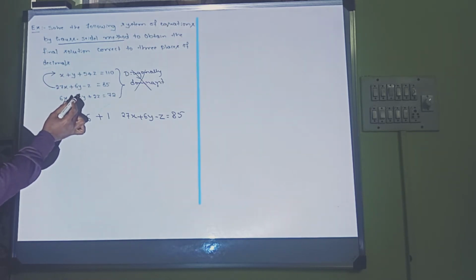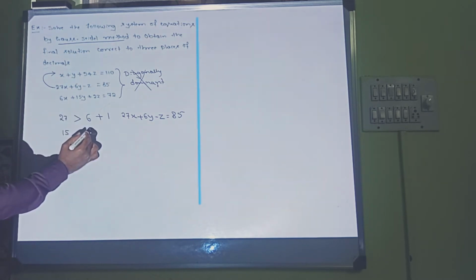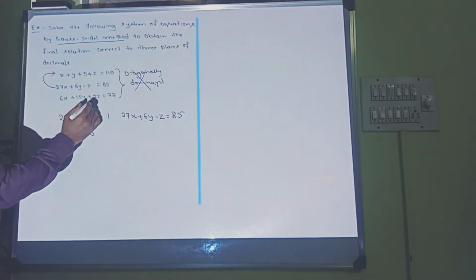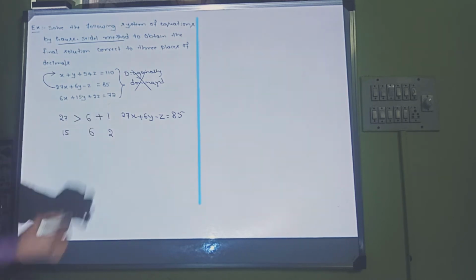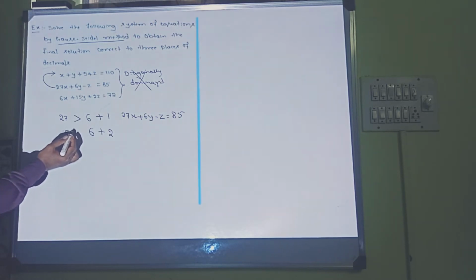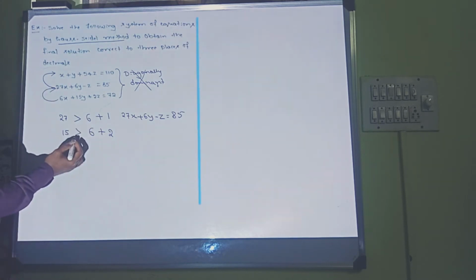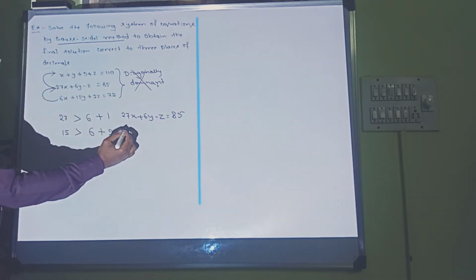See, for example, if you take this, the absolute value of 15 is 15, the absolute value of 6 is 6, the absolute value of 2 is 2 itself. Even when you add 6 plus 2, still 15 is more. So this equation has to be in the second place.